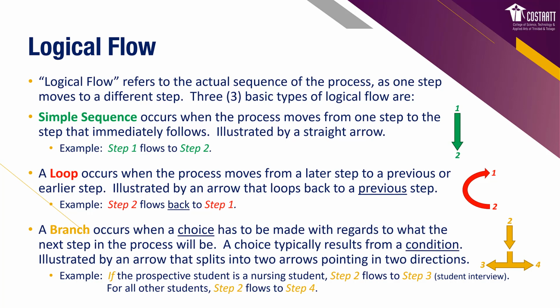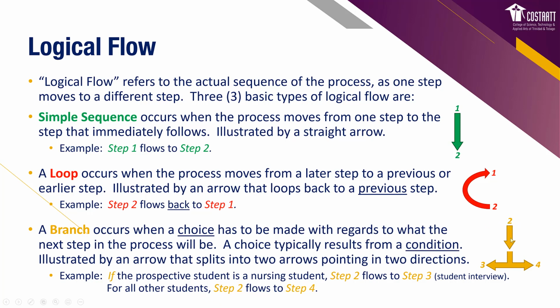So in this example, we have, if a prospective student is a nursing student, and notice the word if is highlighted. If the prospective student is a nursing student, step 2 will flow to step 3. So we have step 2 flowing to step 3. And that is they do their student interview. For all other students, step 2 flows to step 4.